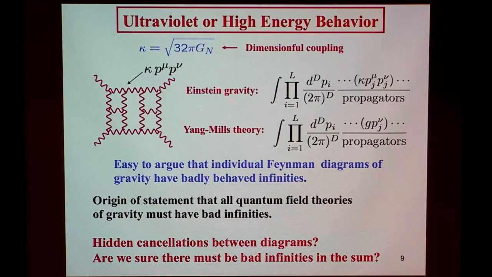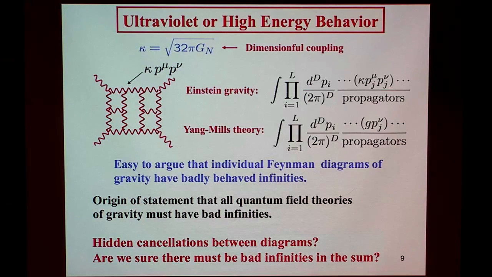And you look at the integrals that you get, comparing Einstein gravity against Yang-Mills theory, then what you find is the integrals that you have, there's more of these momenta, these are momenta, and then you're integrating over them, more upstairs, and then you find integrals that are very badly behaved. And it's actually connected to the fact that Newton's constant, this is Newton's constant, carries dimensions. And it's directly connected to the fact that the integrals you find have a very bad behavior as these momenta go off to infinity. And that's the non-renormalizability problem.